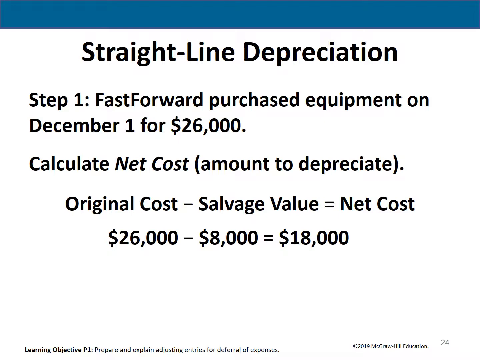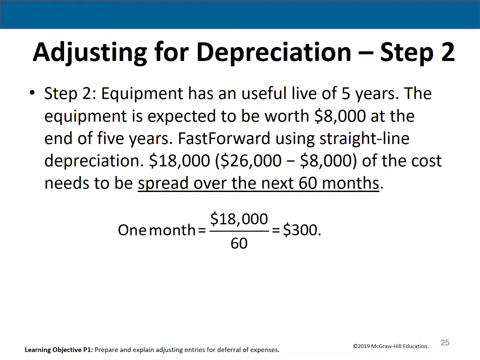So the amount that we will calculate depreciation on is the difference between those two, 18,000. 18,000 is then divided by 60 months. Since only 1 month has occurred from the date they bought this equipment to December 31st, we want to know the month amount of depreciation. 5 years is 60 months.